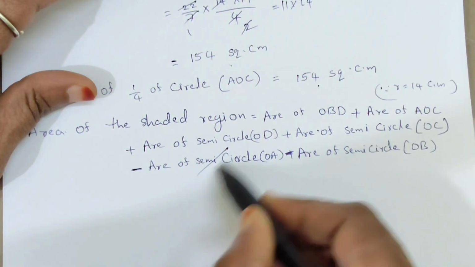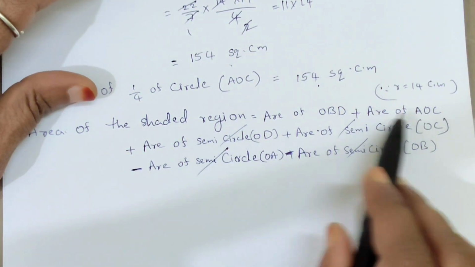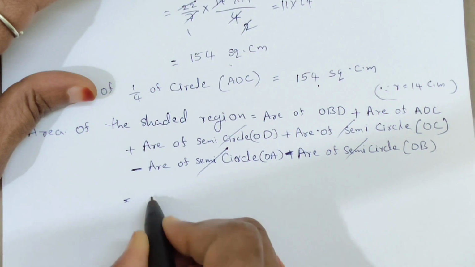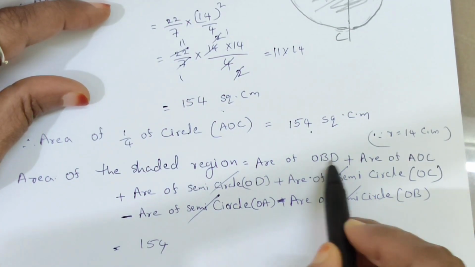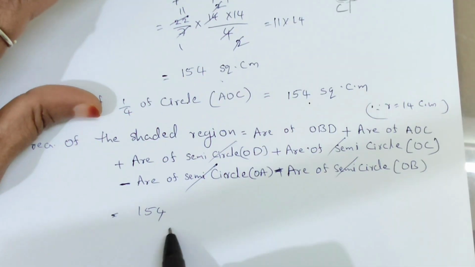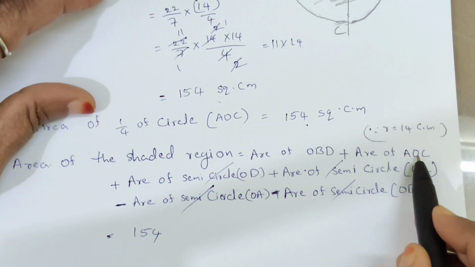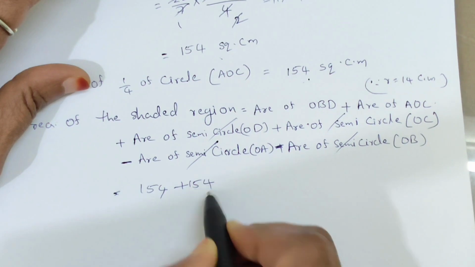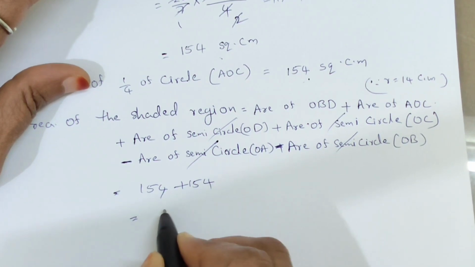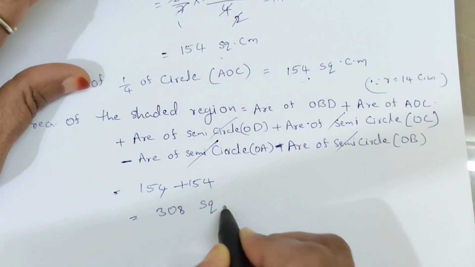Now these two get cancelled. Here we add these two areas. The area of OBD, quarter circle, is 154, plus the area of AOC, 154. Adding these two numbers gives 308 square centimeters.